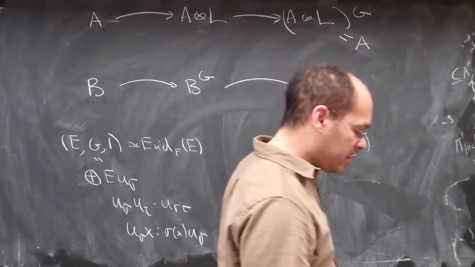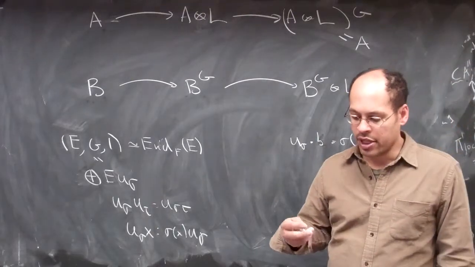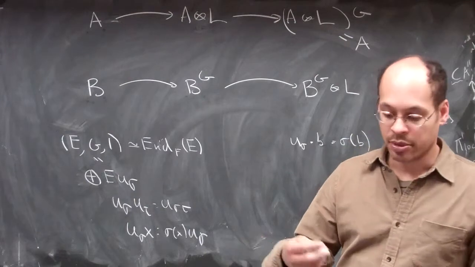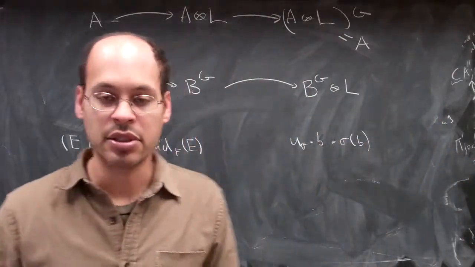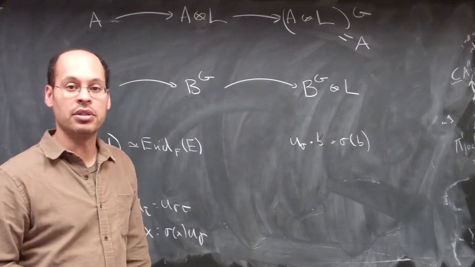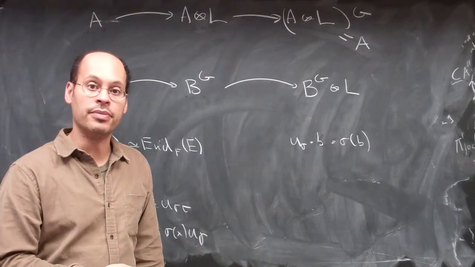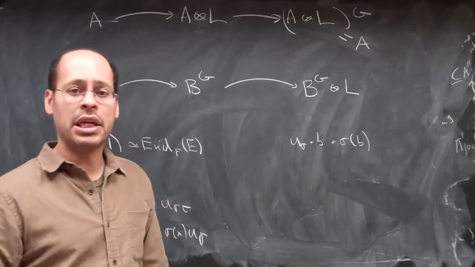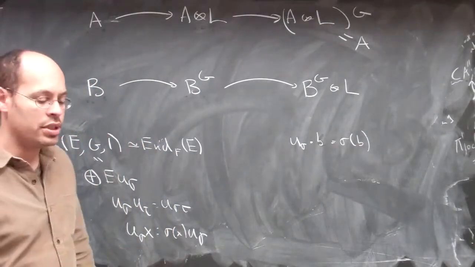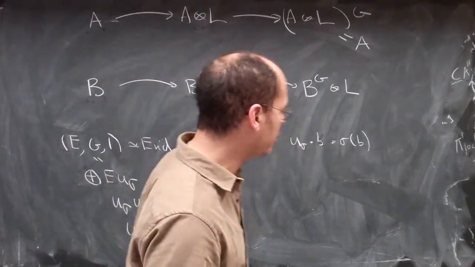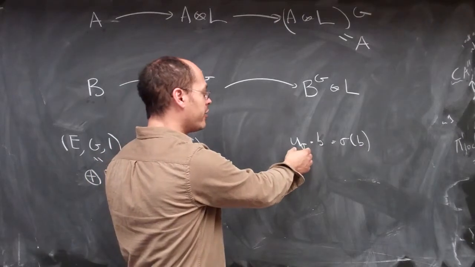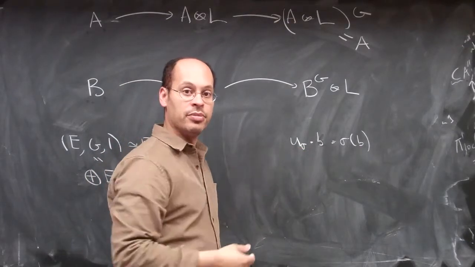As is probably familiar to many people, if I just have an action of a group on some vector space, then this defines a module structure for that vector space under the group algebra. Something similar but slightly different happens in the case of a semilinear action. Just like in the case of the group algebra, we can define an indeterminate, which I'll call U sub sigma, for every element sigma in the group.